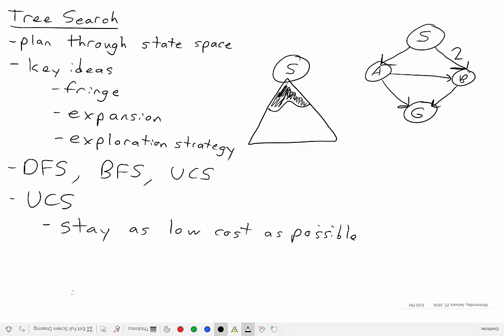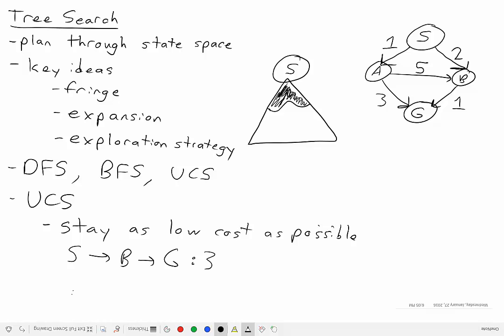So let me add some costs. To go from S to B, it would cost 2 units. You could think of it as roads and tolls, whatever helps you think about it. 2, 1, I'll make this super expensive, 5, 3, and 1. So uniform cost search wants to find a path from S to G that's as cheap as possible. It's so small that you can just find it on your own. The algorithm would find S, B, G, and that'll have a cost of 3.